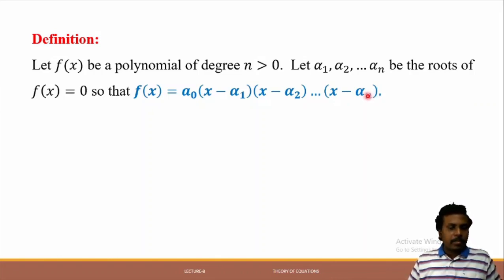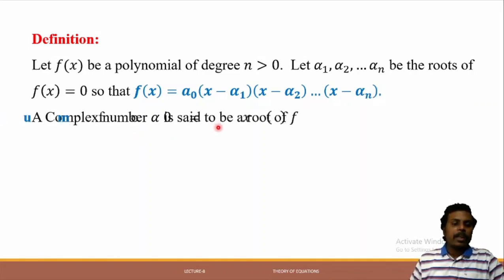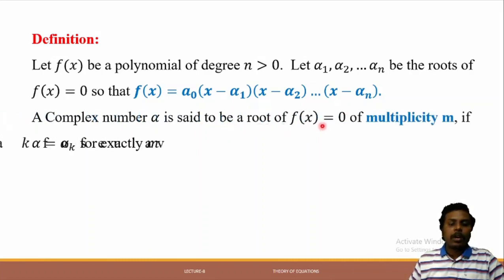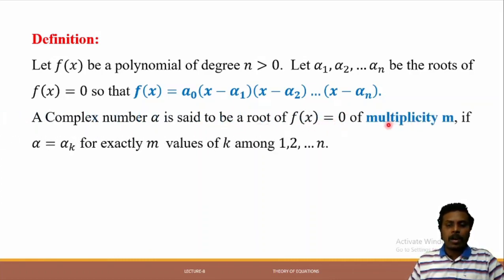A complex number alpha is said to be a root of f of x is equal to 0 of multiplicity m if alpha is equal to alpha k for exactly m values of k among 1, 2, 3 and so on up to n. Okay, let us try to understand this through an example.